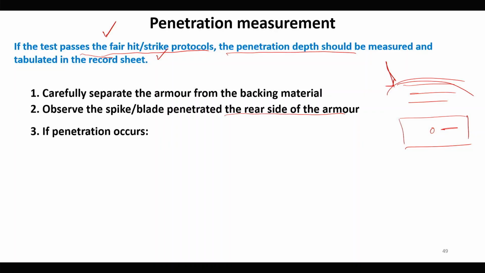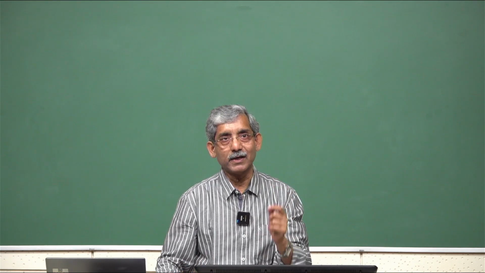If penetration is there or not, we can first get that from the body armor. If there is any hole on the armor's back side, then we will consider that there is a penetration.